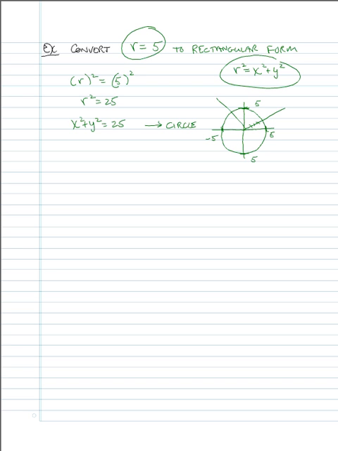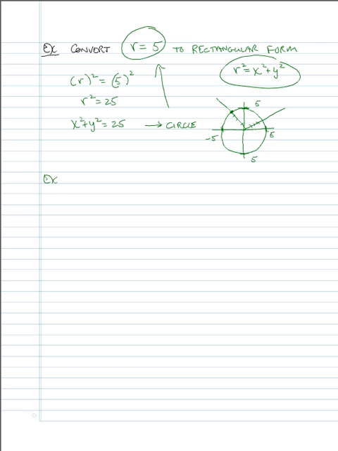No matter what angle we pick, we're going to go 5 units out. And so regardless of the angle we're at, we're 5 units from the origin. And that certainly is going to give us a circle, isn't it? That's the equation of a circle. Now here's an example where the equation of a circle in rectangular form is not real complicated, but the equation of a circle in polar form, at least one centered at the origin, is very simple.